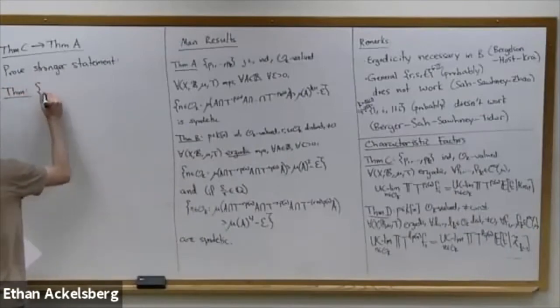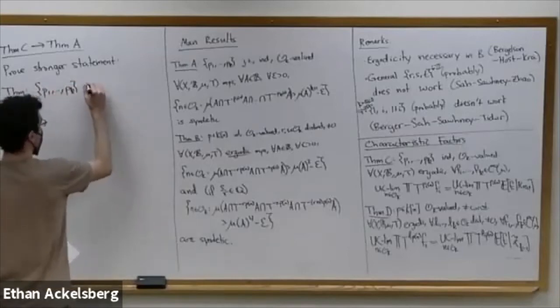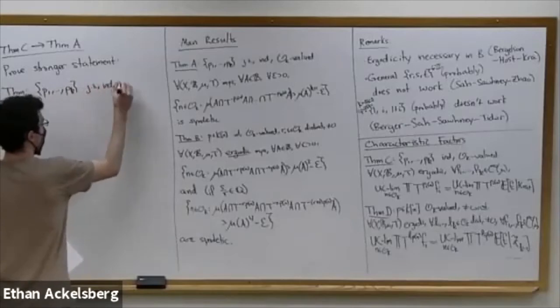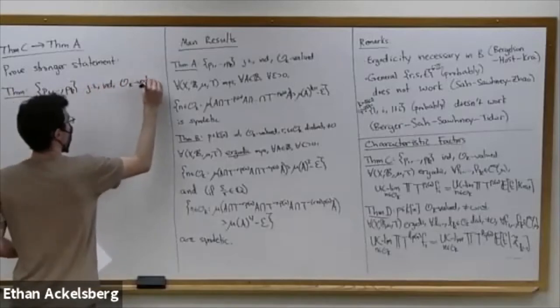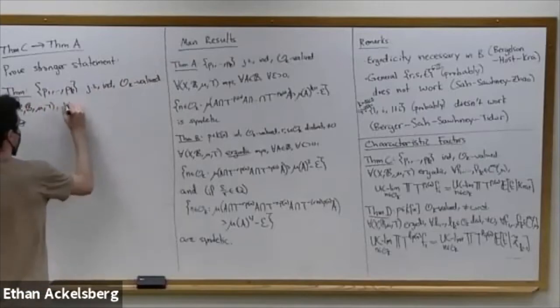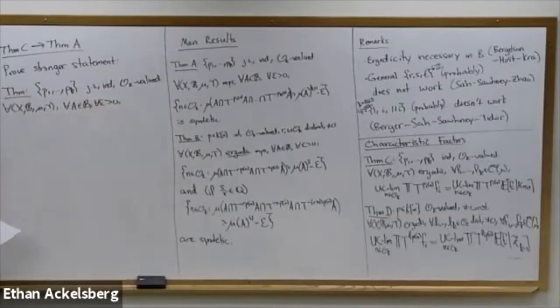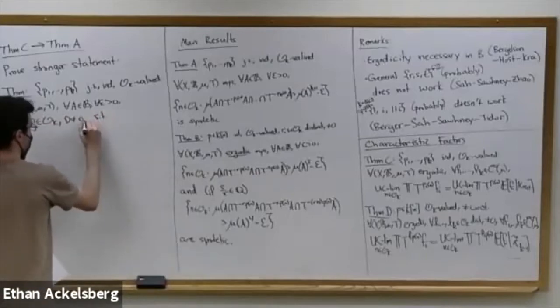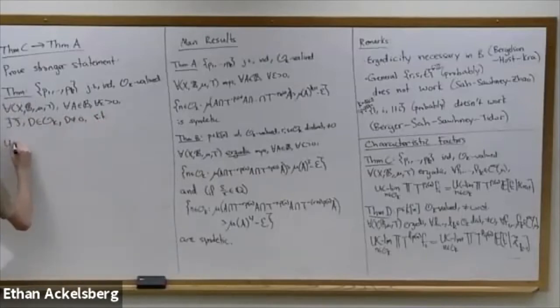If we have this same setup, jointly intersective, independent, and integer valued, for any measure preserving system, any set, and any positive epsilon, we can find some number g non-zero such that some average is large.